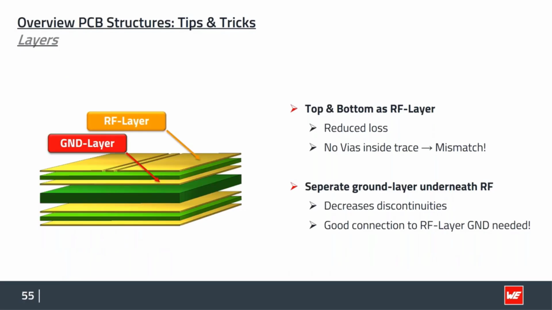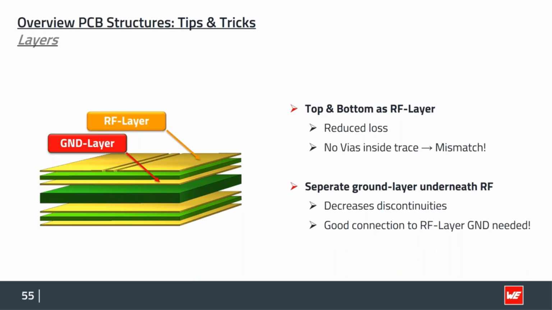And of course, it's very helpful to have a separate ground plane that is dedicated to your RF layer. So you can use tools like a via fence to reduce loss.